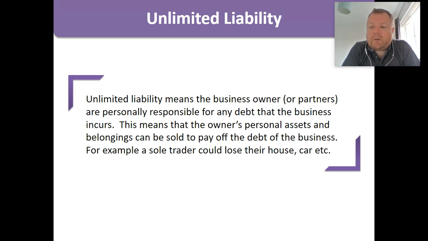So if a partnership or a sole trader was to fail, you would not just lose the money that you've invested into the business, but you would also potentially lose your personal possessions. So your house, your cat, your car, any money that you've got in your own personal bank account could be used to recover the debts of the business. So unlimited liability. There is no limit to the amount of money that you're liable for should your business fail.